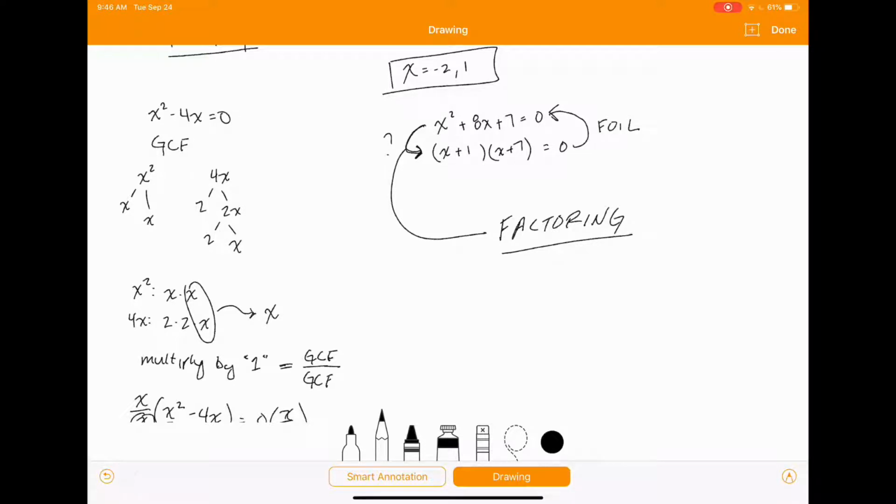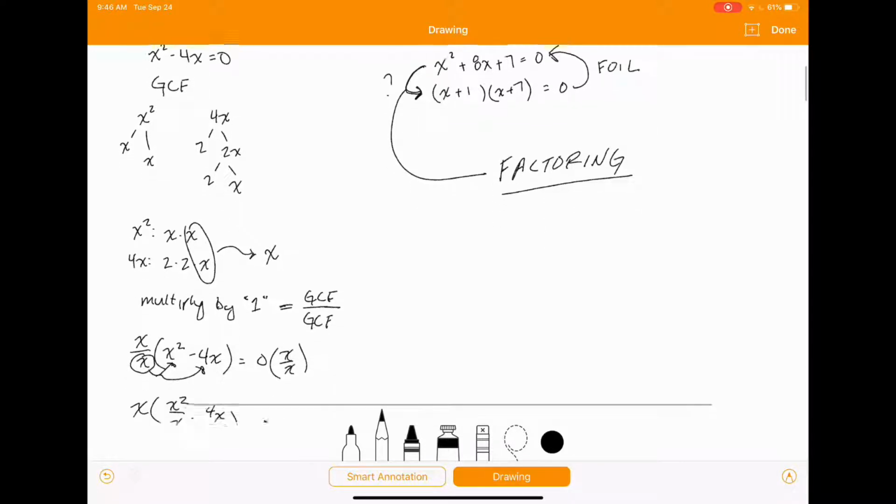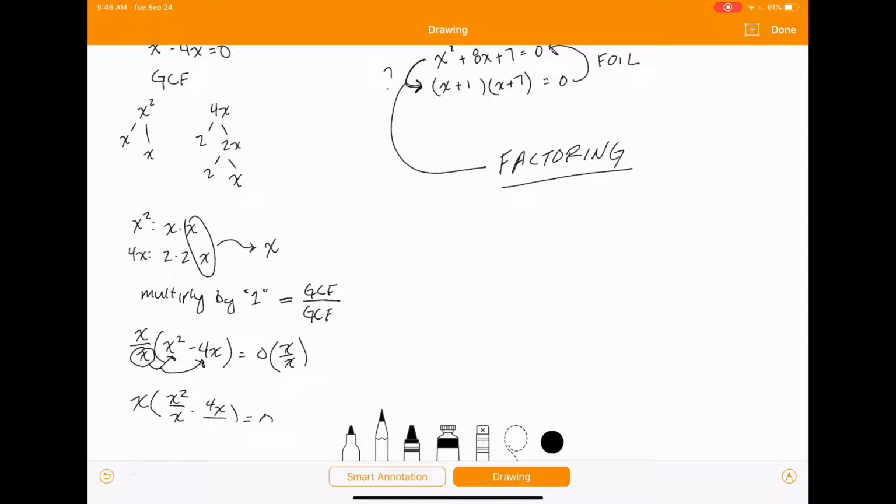All right, so there's a couple of steps that you can use to help you along the way of factoring. And factoring is one of those things that you just have to practice over and over again until you pick up the skill. But let's go ahead and look at this x squared plus 8x plus 7 equals 0.